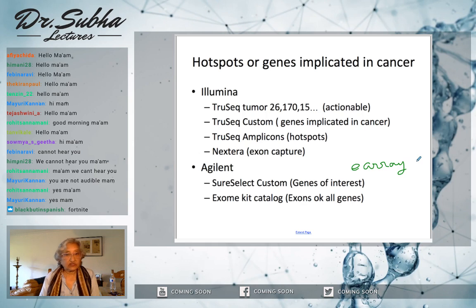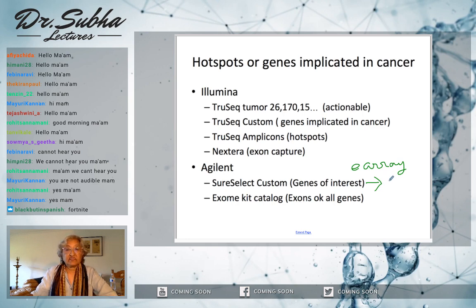Our students have done that in the past, and eventually you will learn how to create an exome library. Similar to the exome library, the same technology they will use to make custom arrays. For example, one example I have used before is a cancer array.